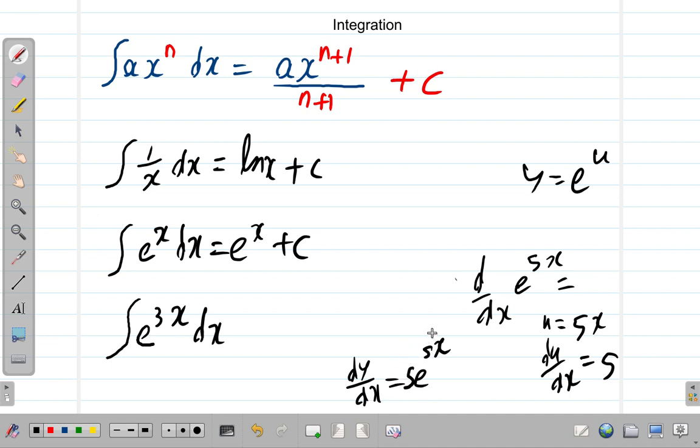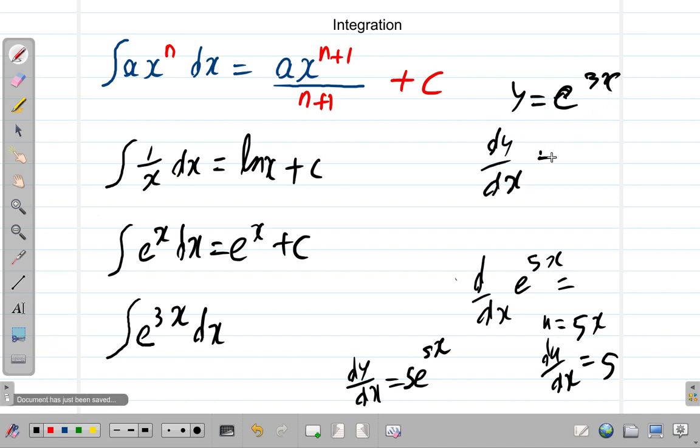Alright, good. Now let's go back to this. You have e to the power of 3x. Now, if you differentiate something, you get e to the power of 3x. Suppose you imagine that y is equal to e to the 3x. dy by dx would be equal to what?